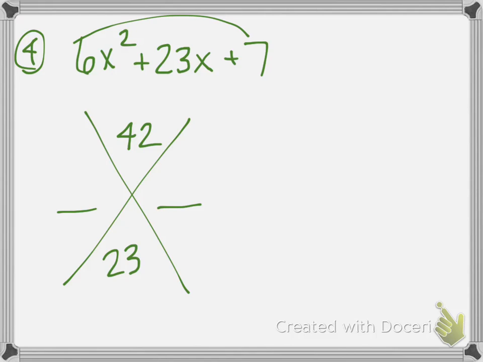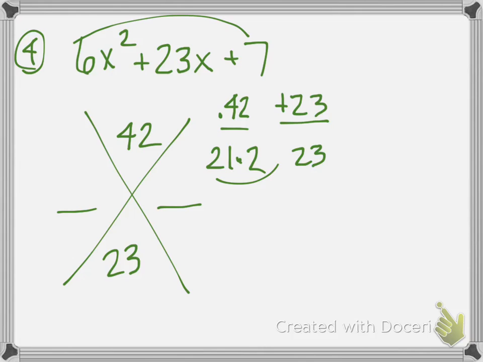So two numbers that multiply to be 42 and add to be 23. Let's see. 42, how about 21 times 2? Because 6 and 7 are going to make 13, so I've got to be higher than that. So 21 times 2, add them up, you get 23. There they are. So 21x and 2x.